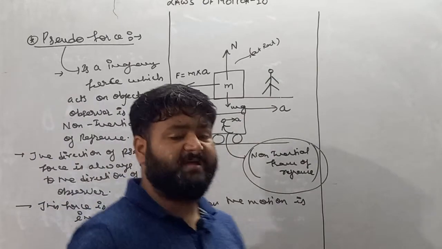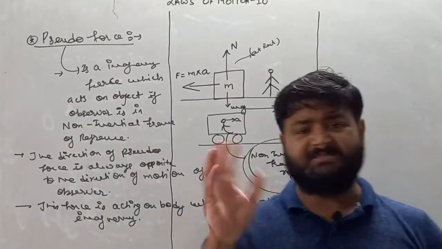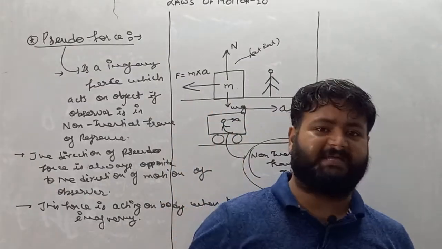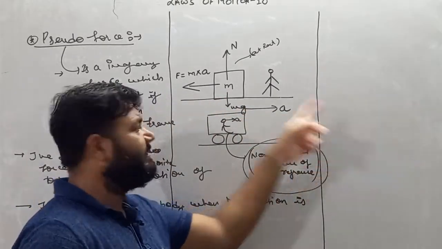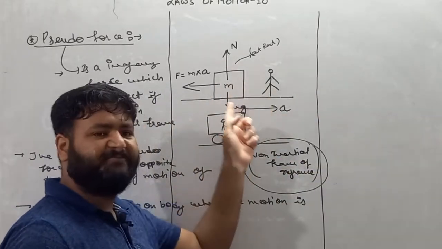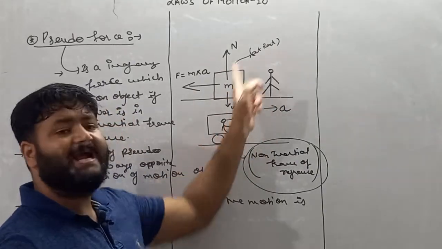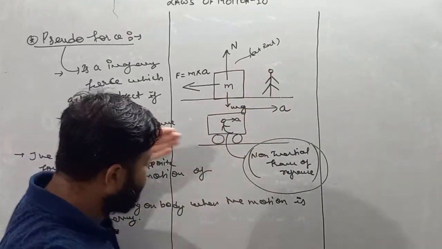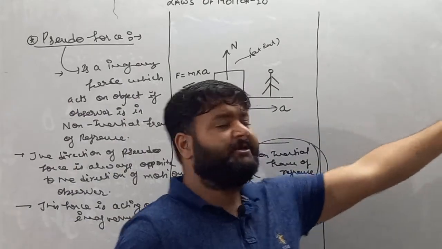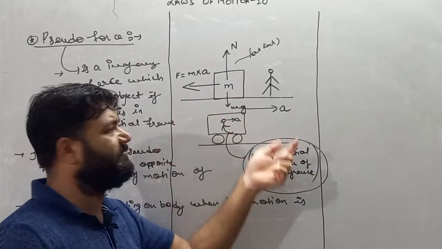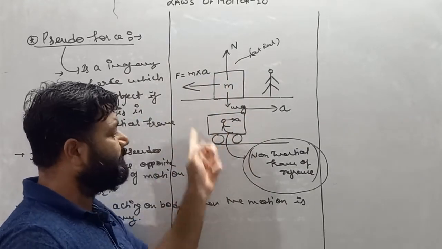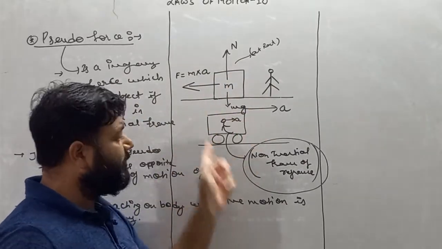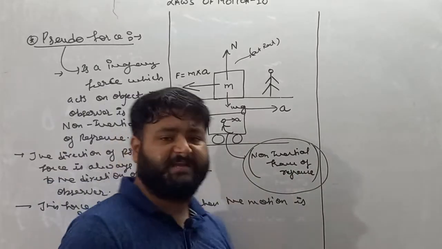Just conclude: if I am sitting in a train and the train is accelerating, and a block is present on the platform, the block is originally at rest. But if the observer is accelerating in this direction, the observer will feel that this block is moving in the backward direction. Why does this happen? Because the observer is in a non-inertial frame of reference.